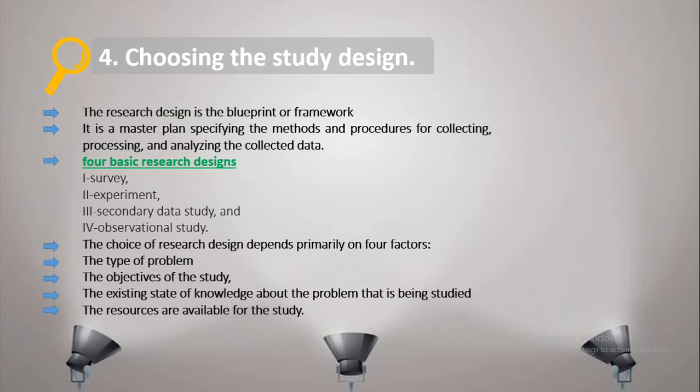The next thing about the study design is the existing state of knowledge about the problem that is being studied. And the resources available for the study. You need to also see whether you have enough resources for conducting the study.